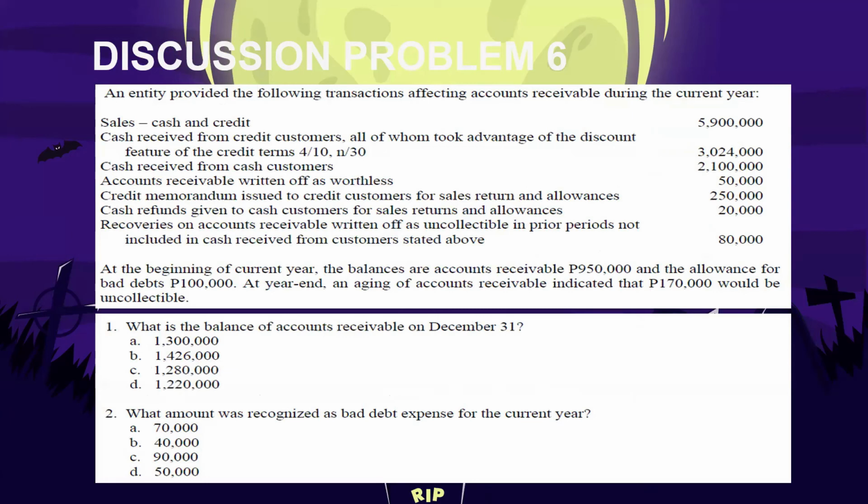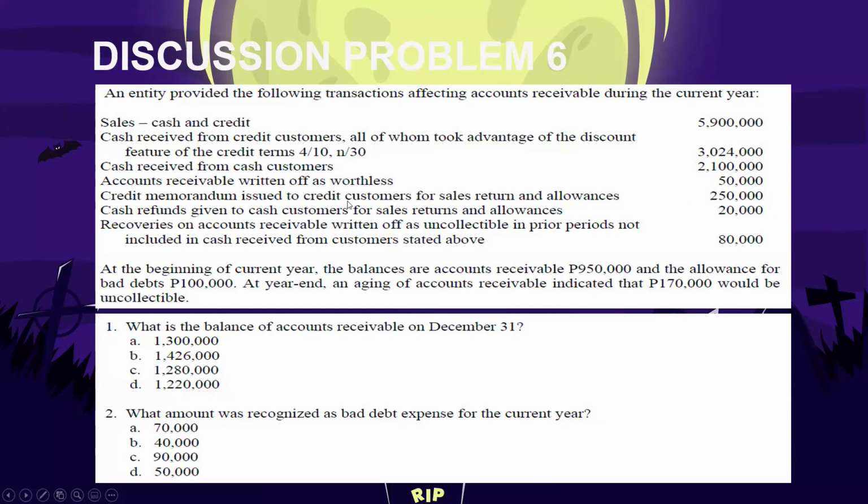So you have sales, cash and credit of 5,900,000. Cash received from customers, all of whom took advantage of the discount feature of the credit terms for over 10 and 30 of 3,024,000. Cash received from customers of 2,100,000. You have AR written off as worthless of 50,000.